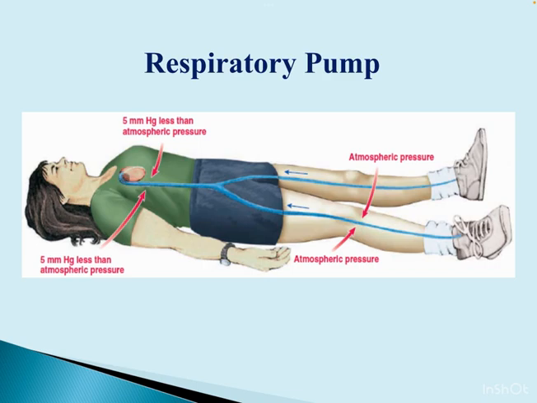This is known as the respiratory pump because it is a result of respiratory activity, and it occurs prominently during deep inspiration. So increased respiratory activity, skeletal muscle pump, and venous vasoconstriction due to sympathetic stimulation all enhance venous return during physical exercise.